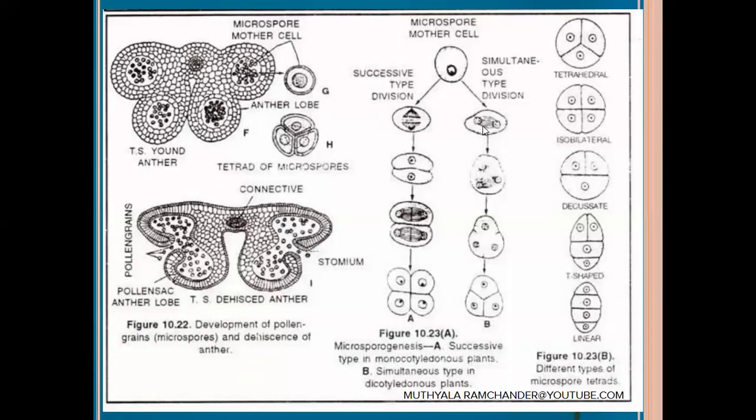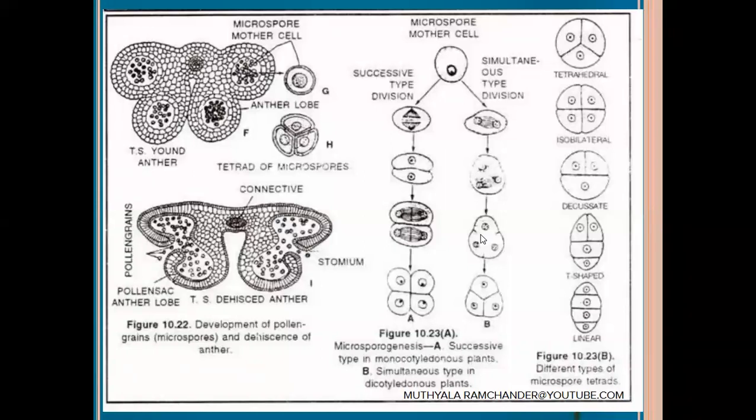See, in this simultaneous type, 2 nuclei are formed by the first meiotic division. The 2 nuclei again participate in the second meiotic division to form 4 haploid nuclei.